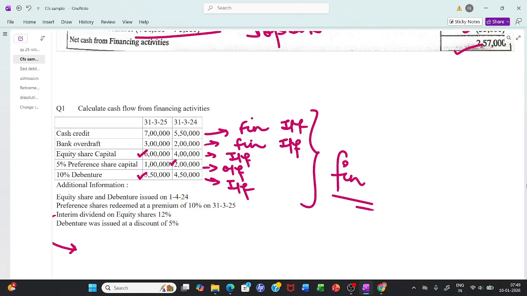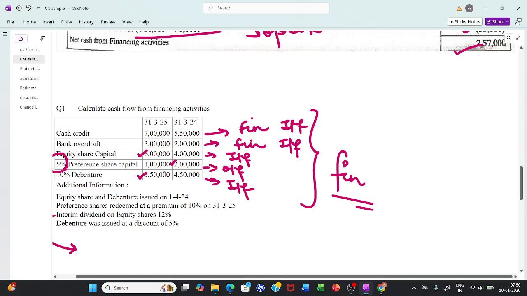So if normal dividend is paid, it is compulsory to pay preference dividend first and then this. So here, whether we need to give 5% as dividend is a question of concern. The question should have specified. As the question has not specified, we will not give preference dividend. Then debentures are issued at discount.